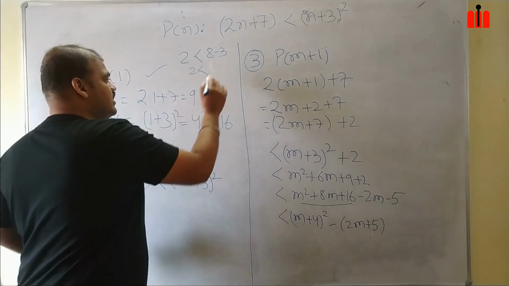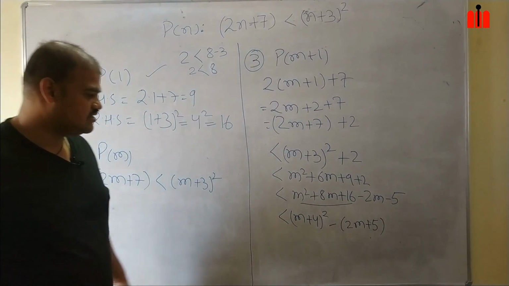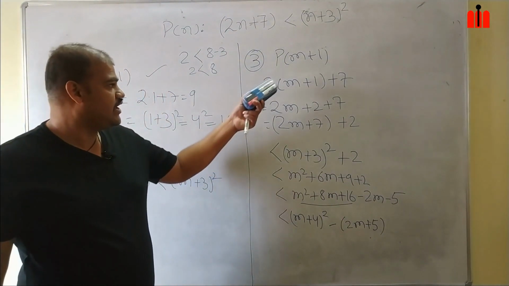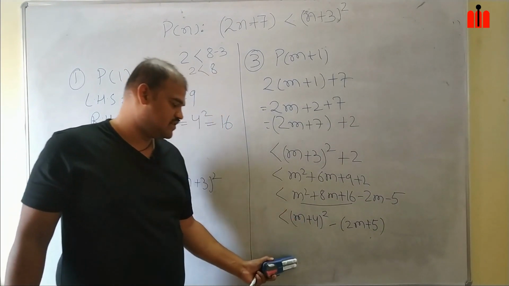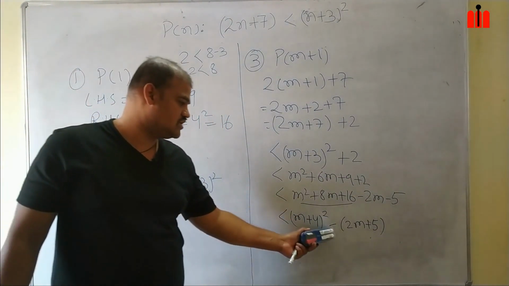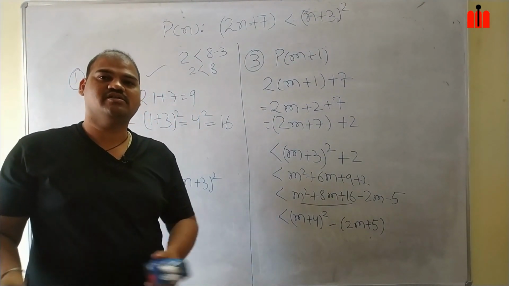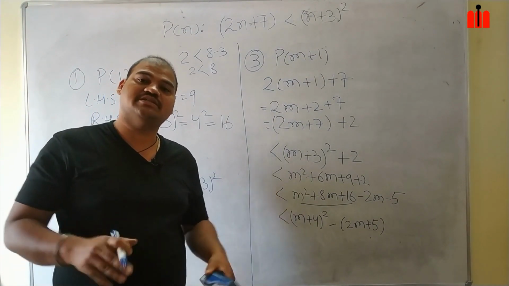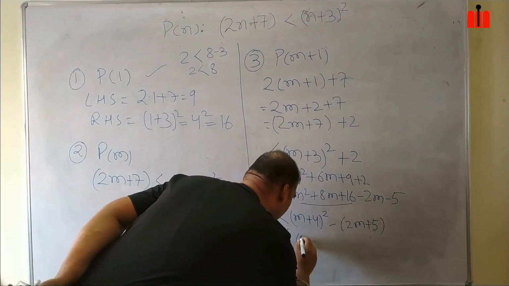Similarly here also, if Pm plus 1 is lesser than this entire term, then it will be definitely lesser than m plus 4 whole square, because it is negative of something. If Pm plus 1 is lesser than some smaller thing, then definitely Pm plus 1 will be lesser than the bigger thing.